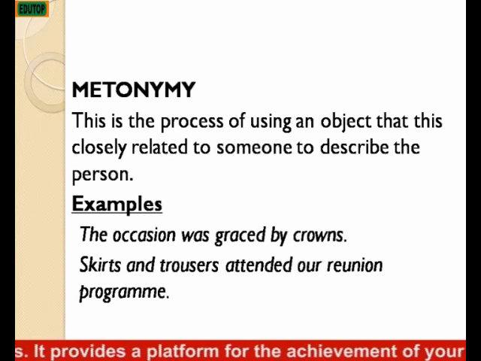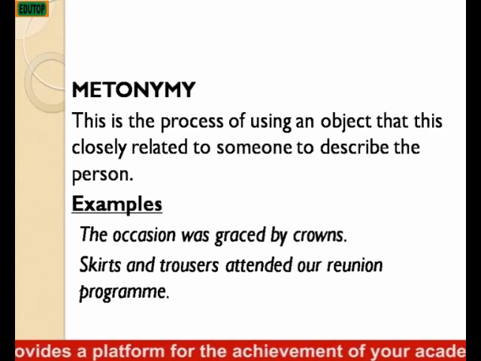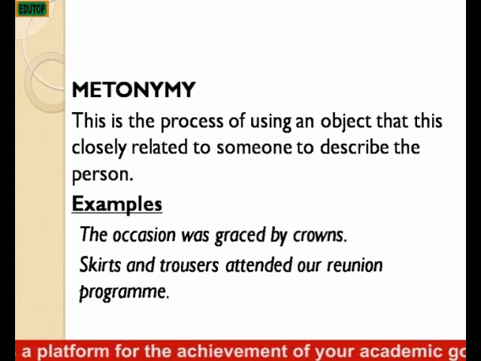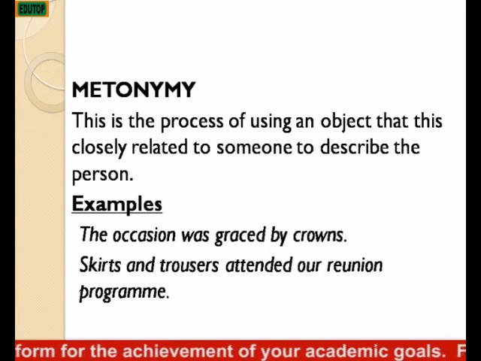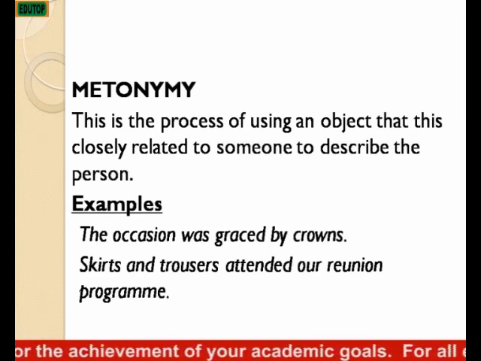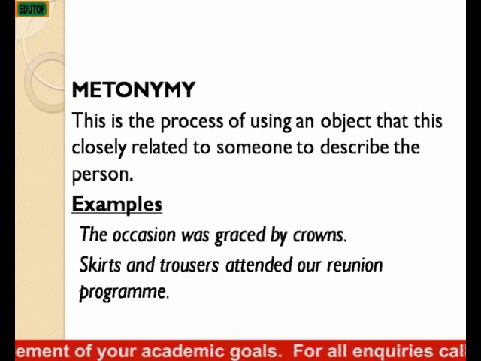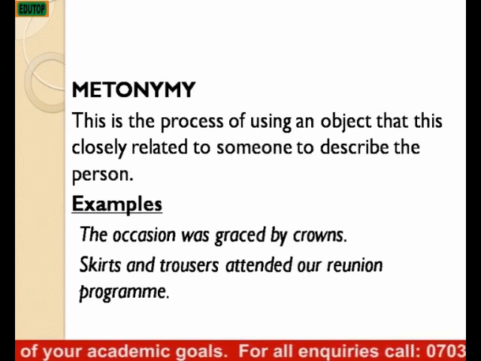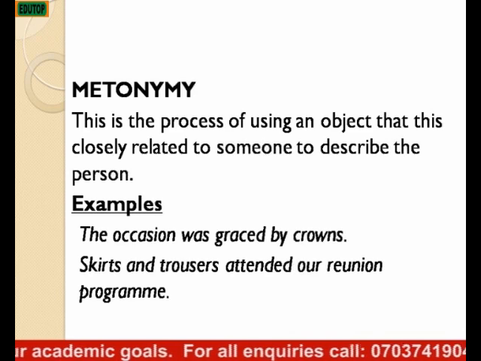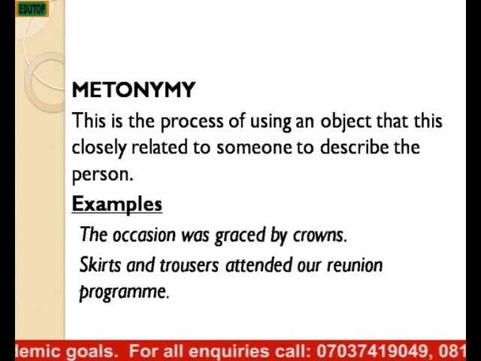Examples: the occasion was graced by crowns. Our focus should be on crowns. When we say crowns, not just anybody wears a crown. Crowns are worn by kings, queens, and other monarchs. So crown there represents queens and kings or some other monarchs.